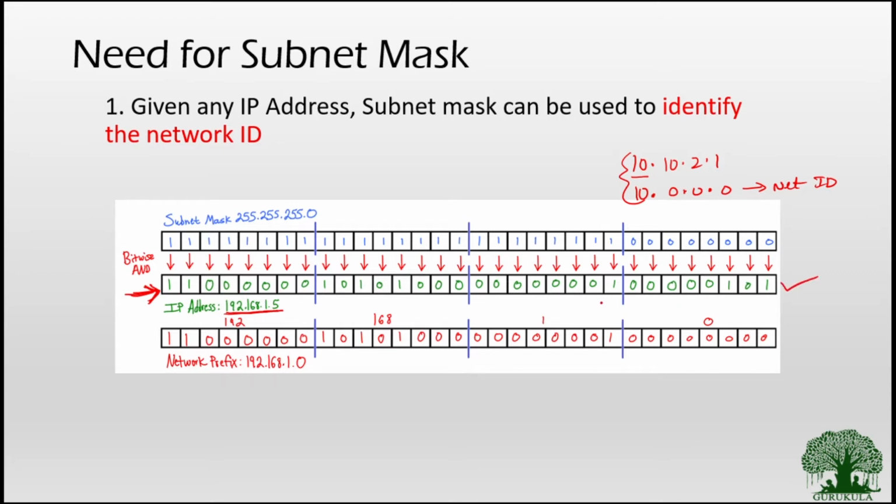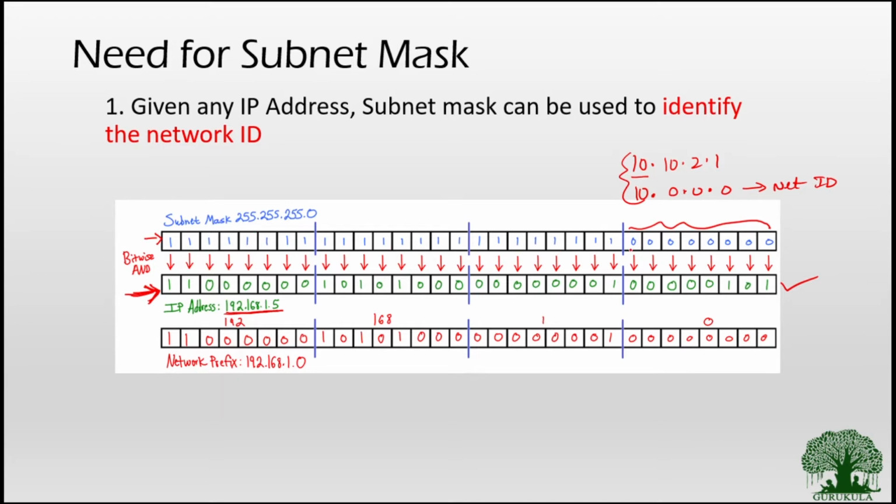When I put a binary representation of this IP address, I will get this particular table. And we very well know that this belongs to a class C IP address, and for class C, the first 3 bytes of information represent the net ID, and the last byte of information represents the host ID.